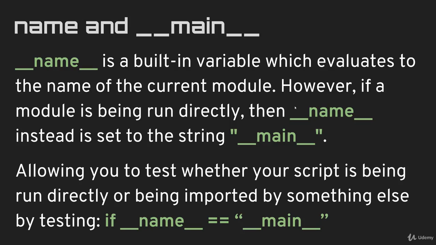However, if a module is being run directly, then that name variable is set to the string __main__. This allows you to test whether your script is being run directly or being imported by something else, by testing if __name__, that built-in variable of the current module, is equal to the string __main__. Let's explore this idea further with an example.